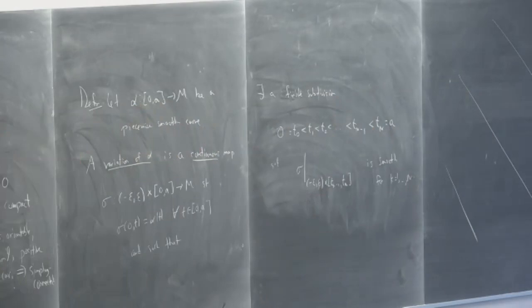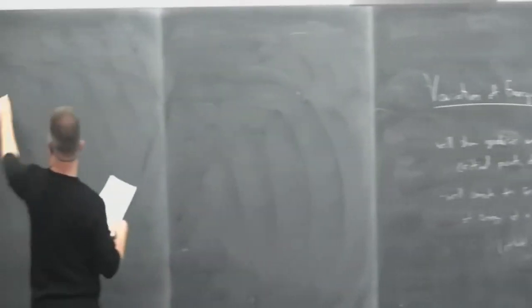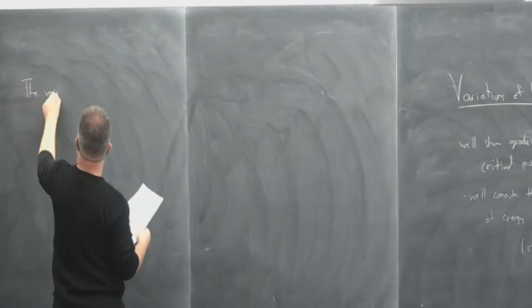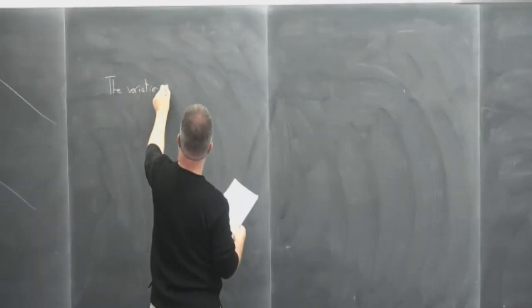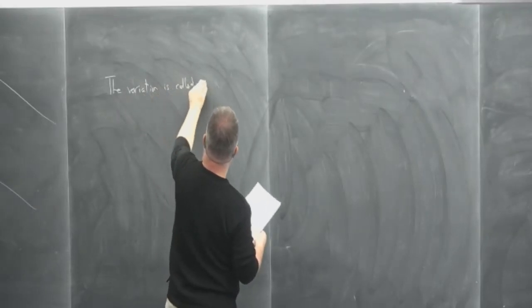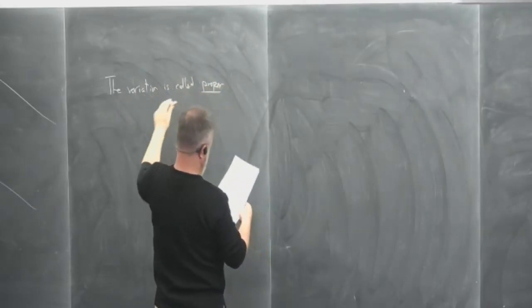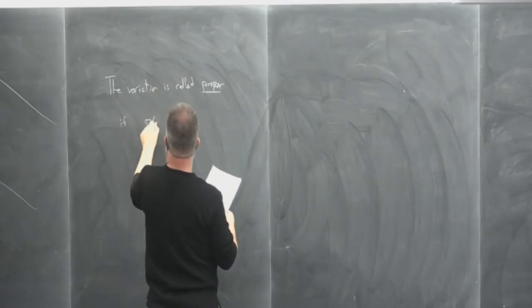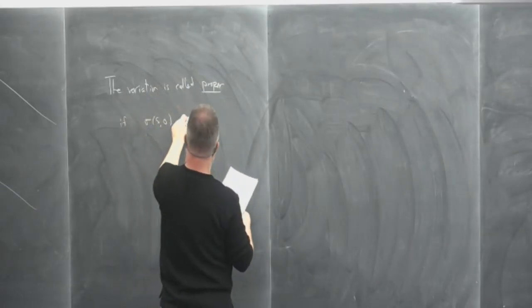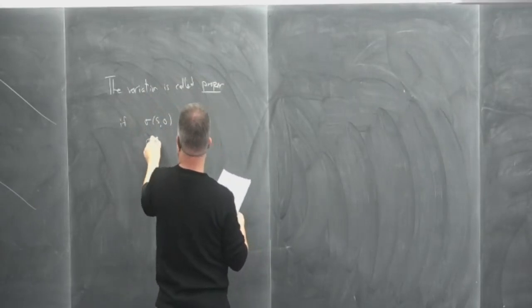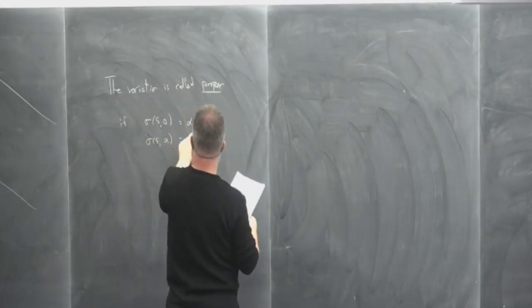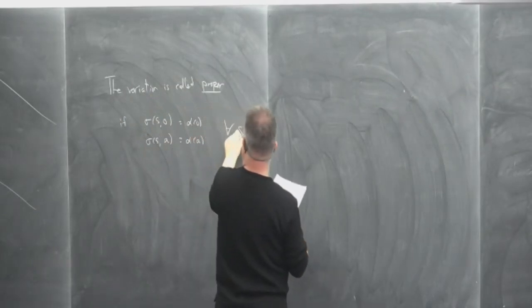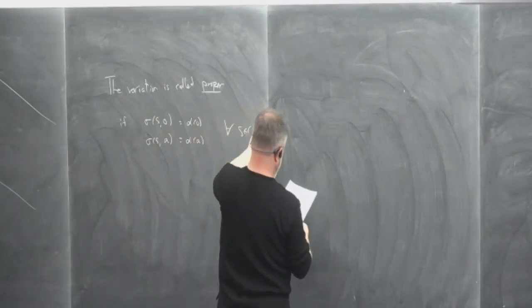Let me just add one more definition. The variation is called proper if sigma of (s, 0) is alpha of 0 and sigma of (s, a) is alpha of a for all s in (minus epsilon, epsilon).